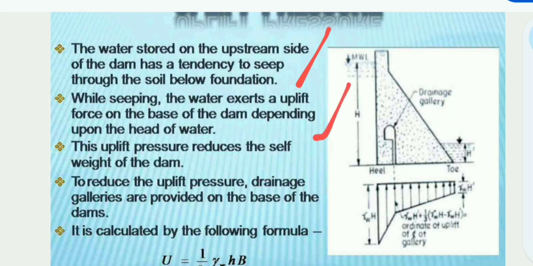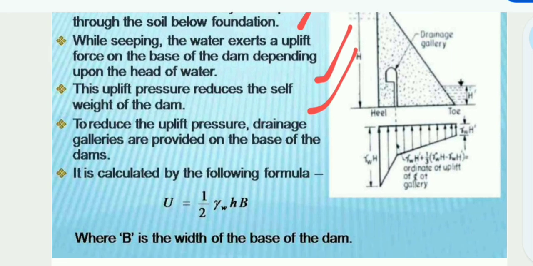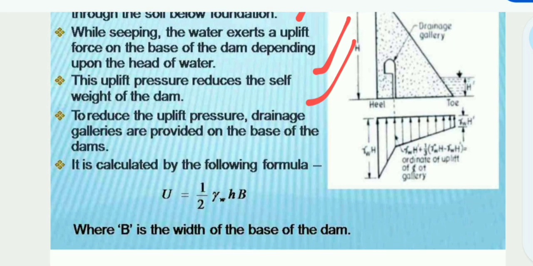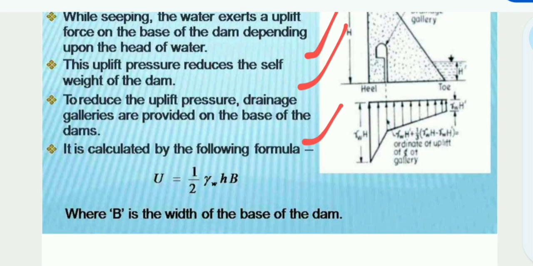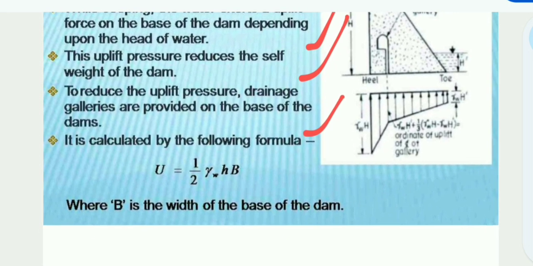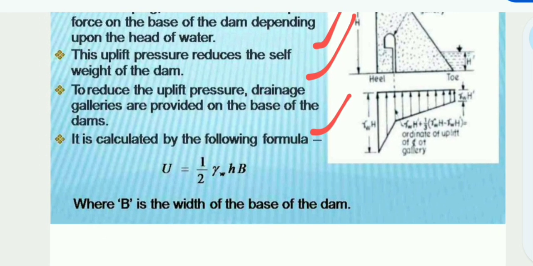This uplift pressure reduces the self weight of the dam. To reduce the uplift pressure, drainage galleries are provided at the base of the dam. It is calculated by the formula U equal to 1 by 2 gamma W into H into B, where B is the width of the base of the dam.